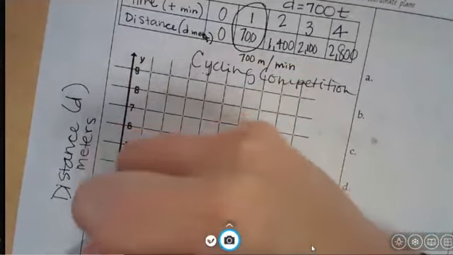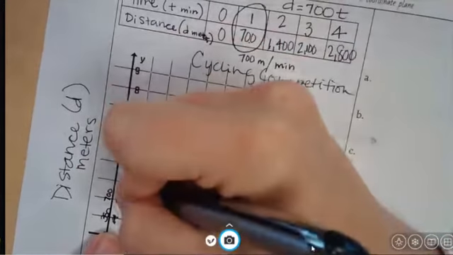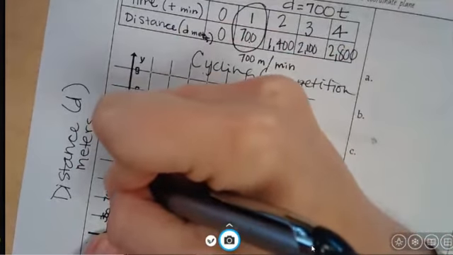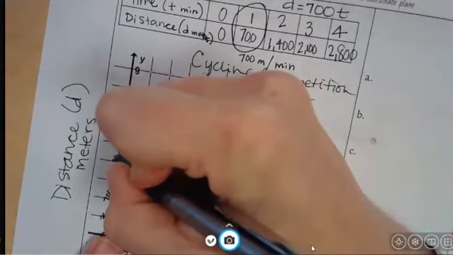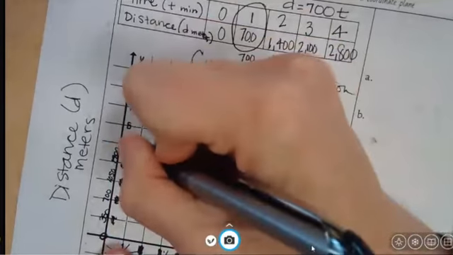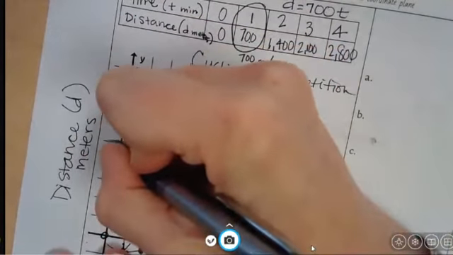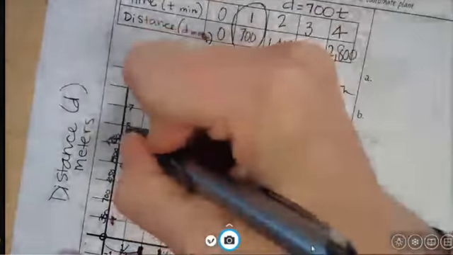So that means 2 would be 350 plus 350, which is 700. And then plus another 350 would be 1,050. Plus another 350 would be 1,400. Plus another 350 would be 1,750.